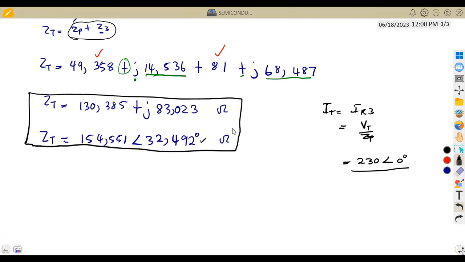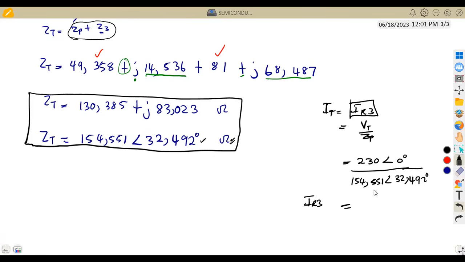Division, it's best for you to divide in polar form. I say this always. If you are dividing, it's best to use polar form. So you're going to use this one, which is 154.551, angle of 32.492 degrees. All right. So this is what we are going to use as our total current, which is equal to the current across the resistor R3.